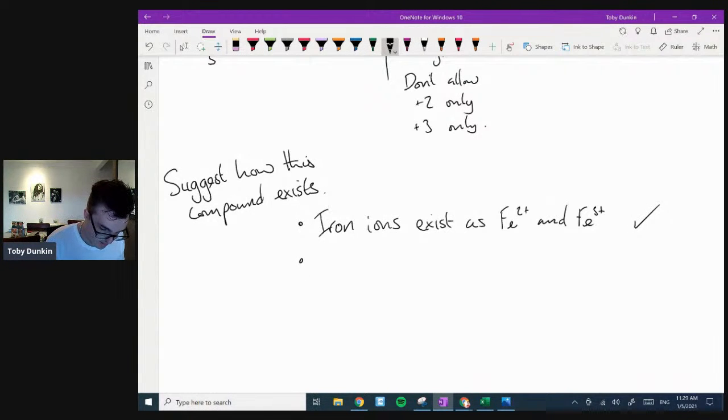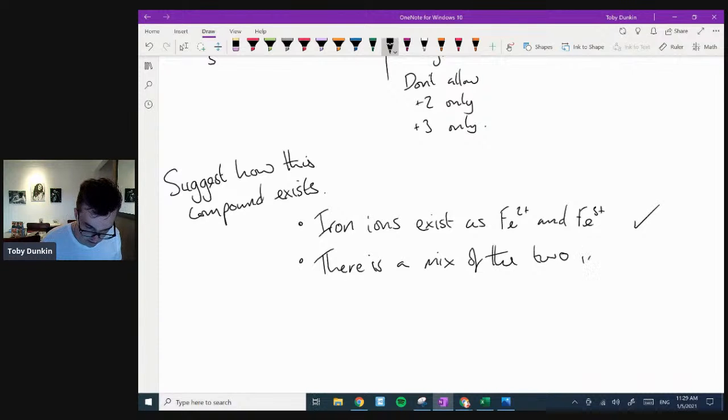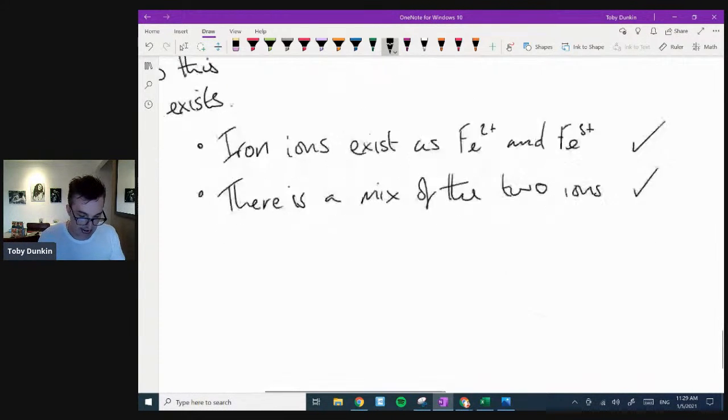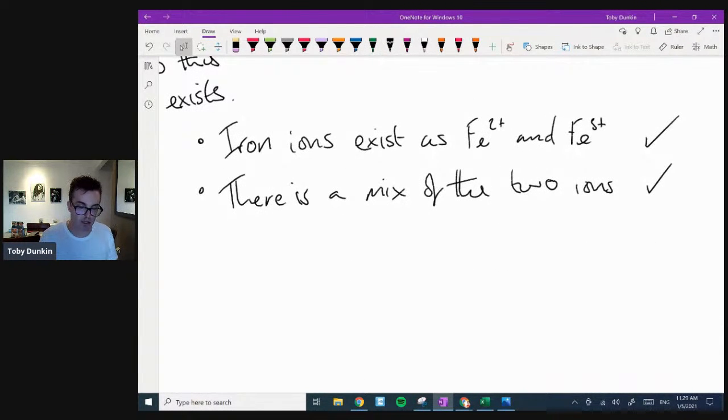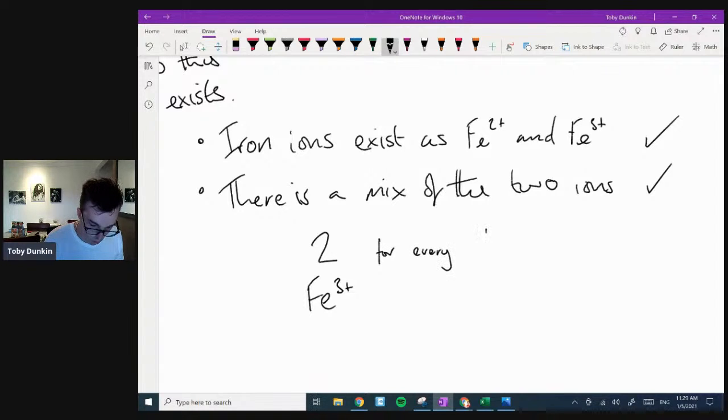Second mark: there is a mix of the two ions. And it's actually really nice. Cyan's actually done something really clever, which is that technically, you could have given the ratio. You could say that there are 2 iron 3 pluses for every 1 iron 2 plus, because that would give us the 8 over 3.